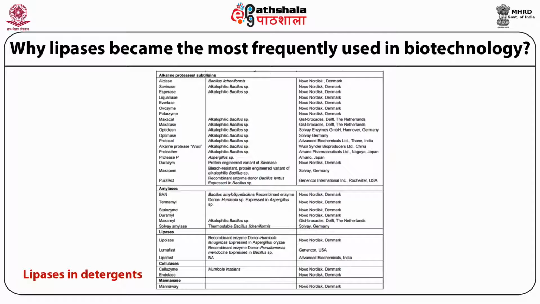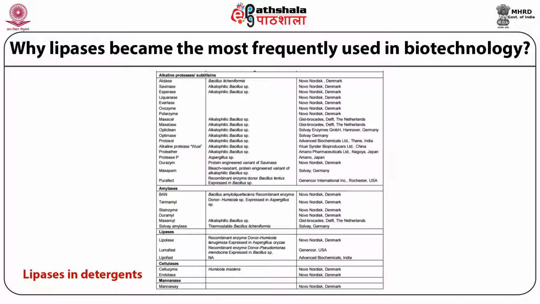So when we say that the hydrolases became the most frequently used biotechnology, lipases are a part of the hydrolase. But let us see, as compared to the other hydrolases, why lipases continue to lead this list.